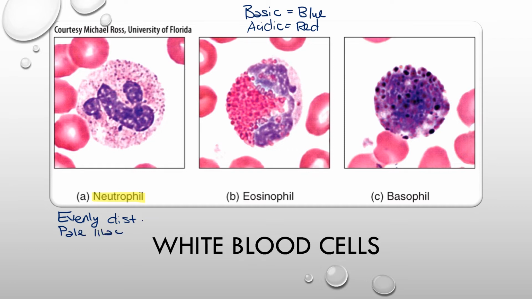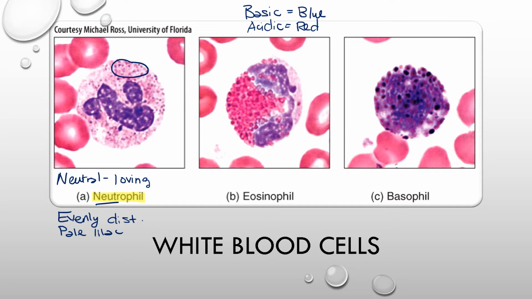So we can see these little granules all throughout the cytoplasm, very evenly distributed, very light colored. Now, because the granules don't strongly attract either the acidic or basic stain, these white blood cells are neutrophilic, which means they are neutral loving. That's where they get their name, neutrophil.